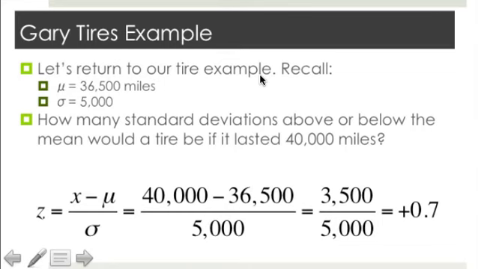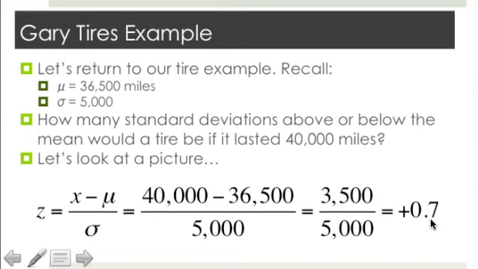That was the number that we were talking about earlier. You can see here if we apply our z-score formula and we take our x value that's given, 40,000, and we subtract from it the mean of the data set, 36,500, divide that then by our standard deviation, we end up with a z-score of 0.7.